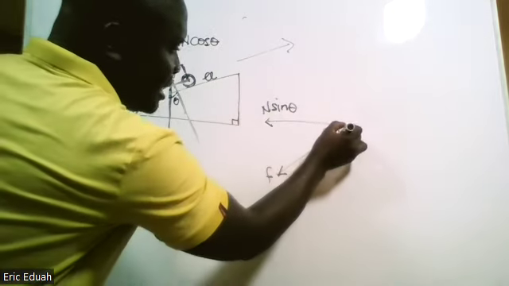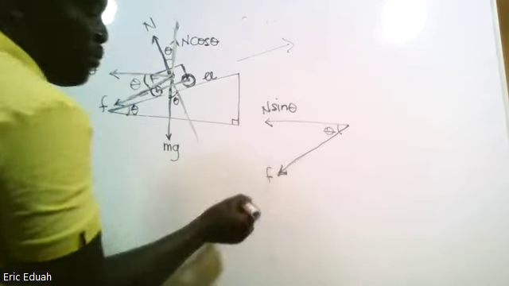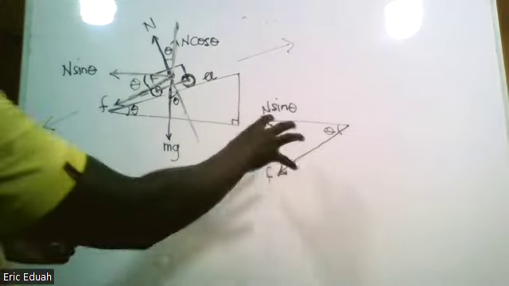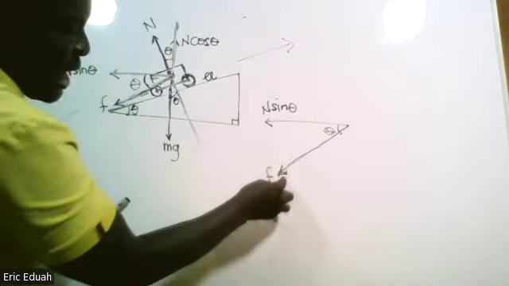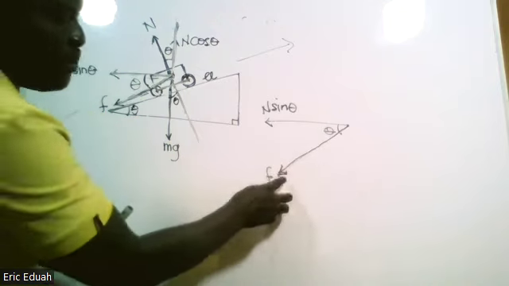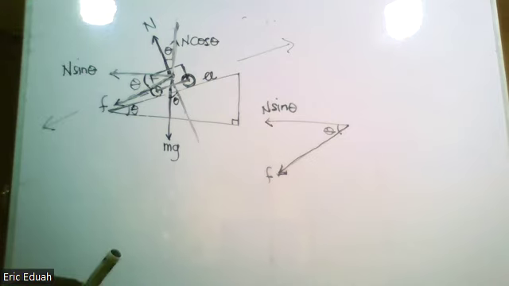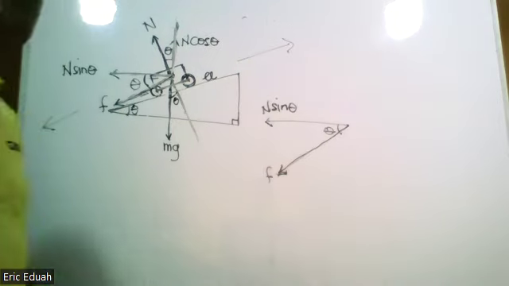Help me determine the components of the friction, the horizontal component and then the vertical component. I'm representing what is here as this, tilted at an angle theta. Help me resolve the frictional force F into components, the horizontal and then the vertical component. What will be the horizontal component of F with the angle?